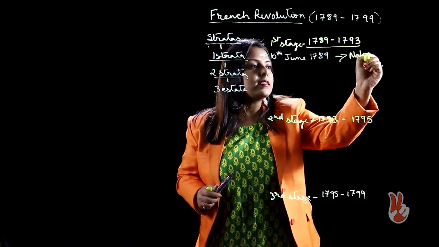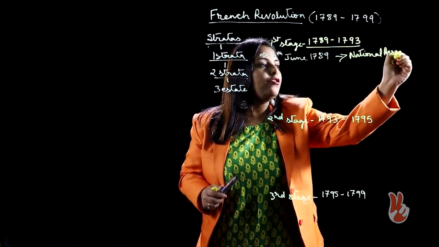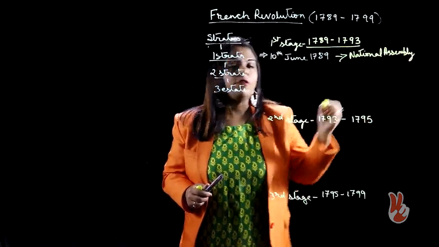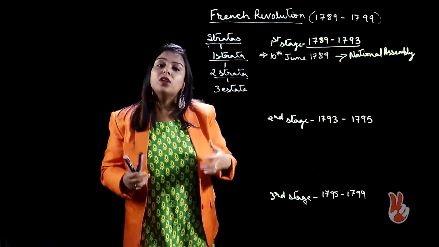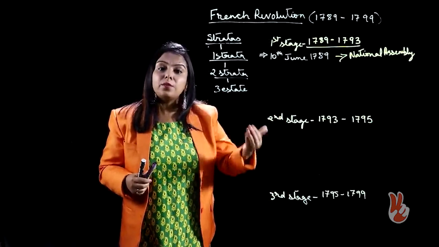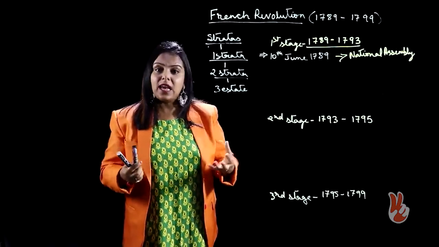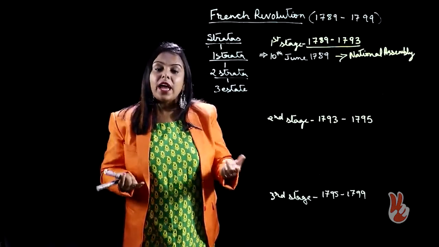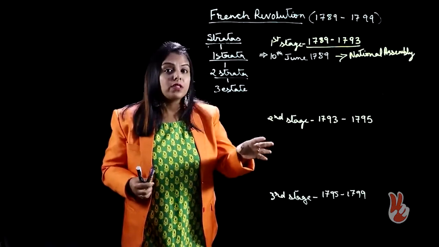Now, this assembly had educated people of France. Remember that I had told you that France had also gone through the Renaissance and Enlightenment era. The middle class had educated themselves, and we had journalists, lawyers, doctors who were part of this middle class.